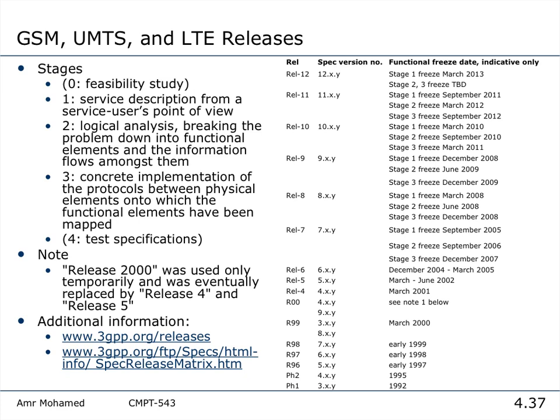We could not get rid of circuit switching. Although we can support voice services over IP, we could not get rid of the circuit switching architecture until release 5, which converged everything into an all-IP core network. So even release 99 did not do that. We'll talk about the architecture.